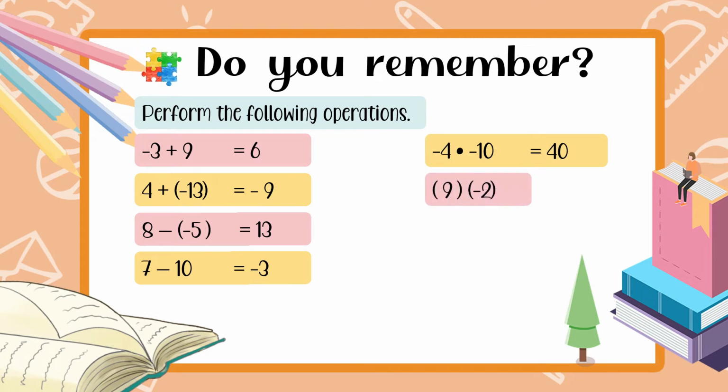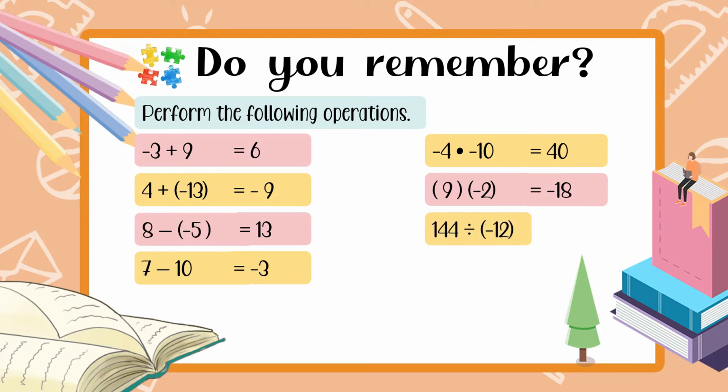Next, 9 times negative 2. So, pag mag-multiply naman ng different sign, the product is always negative. So, 9 times 2 is 18. And since may isang negative, yung isa positive, they are different. The answer or the product is negative 18.